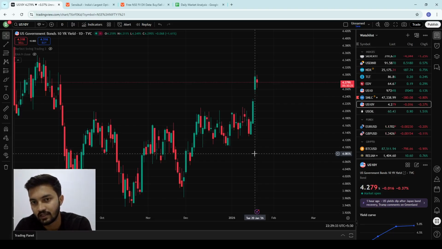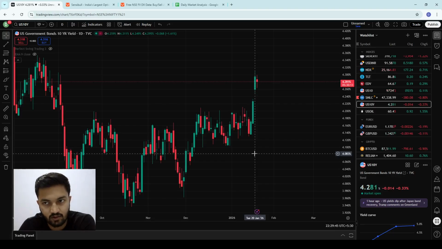And because of all this escalation, with the US trying to capture Greenland and the EU not very comfortable with it, there's news coming up that maybe they'll sell a lot of US bonds, which will increase the bond yield. And the US already has a lot of debt, and they have to pay a lot of interest on that debt. So the overall world is going somewhere different.